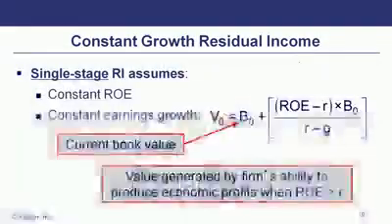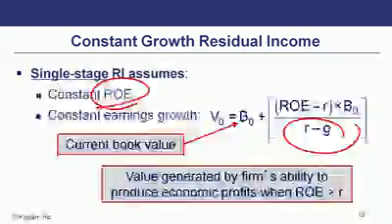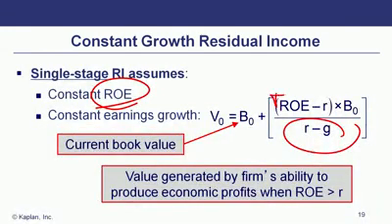There's also the constant growth residual income. So a single stage residual income assumes there is a constant ROE. So we'll just essentially divide by R minus G, and then here is my residual income, right? This is the same thing as what? EPS minus the fair return equals my residual income.